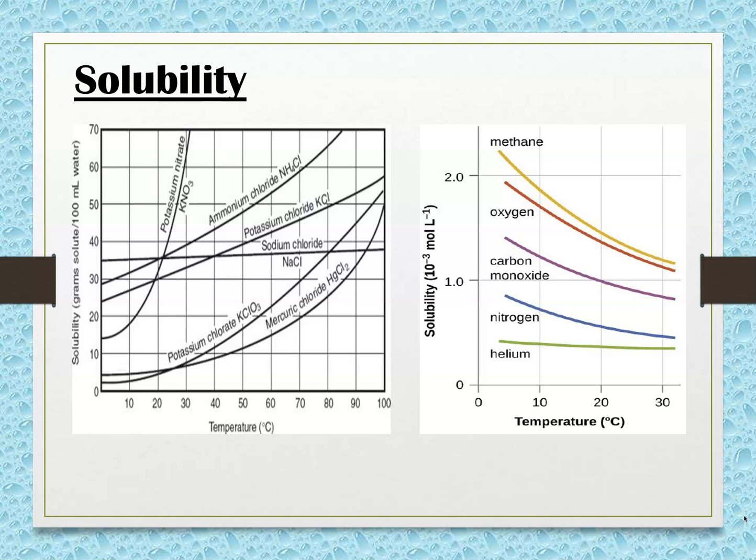Back to the graph on the left, it doesn't show it, but there are some curves that actually have a negative slope. When you increase the temperature, the solid becomes less soluble. I know all of these ones show the opposite of that, but there are solids that, just because of their properties, their bonding, when heated up, come out of solution. Questions on either of these graphs?